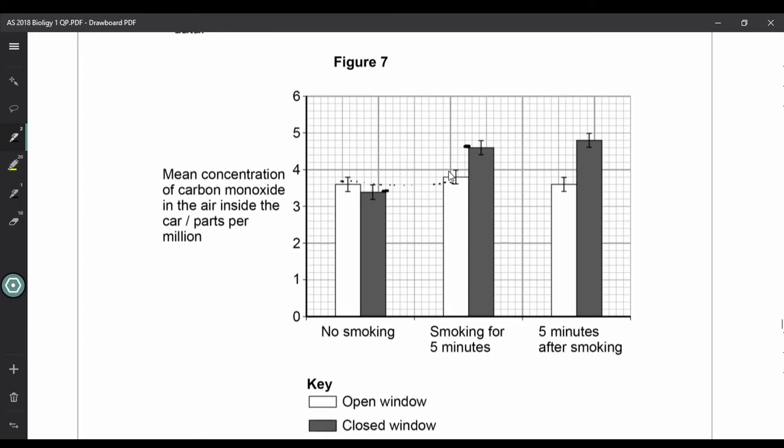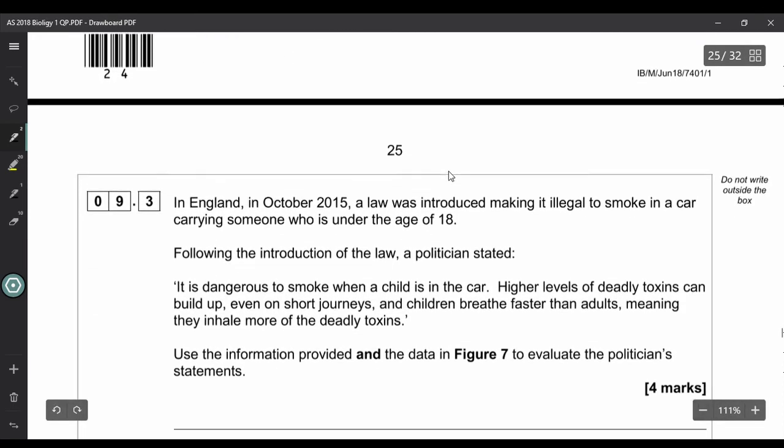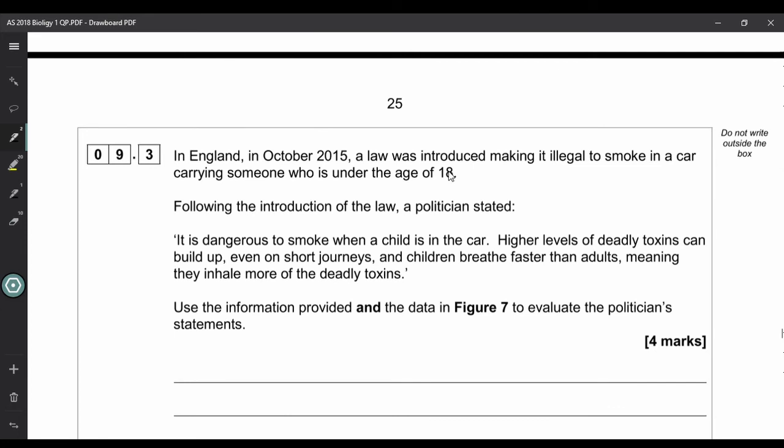So if we have a look at the question, it said that the law was changed in 2015. So following the introduction of the law, politicians stated it's dangerous to smoke when a child is in the car. Higher levels of deadly, so I'm going to underline that, toxins can build up even on short journeys.